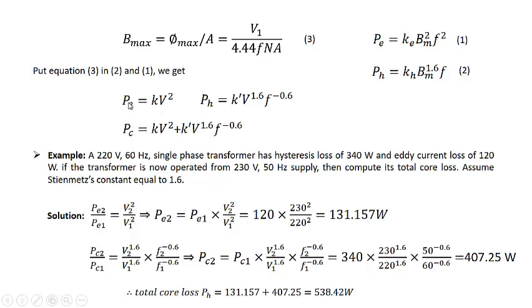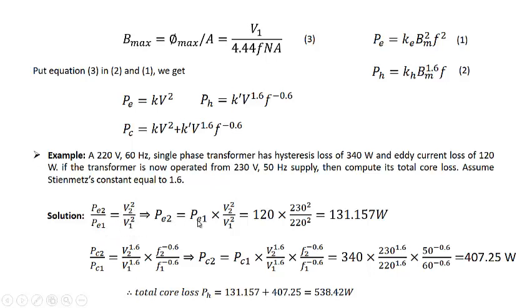So from this equation, we know that PE for different voltages, because eddy current loss is independent of the frequency, we have to see if the voltages would have been the same, then eddy current loss would remain the same. But here voltages are different. So let us try to calculate it for the different voltages. Let us say PE2 divided by PE1 will be equal to V2 square by V1 square, where PE2 is proportional to V2 square and PE1 is proportional to V1 square.